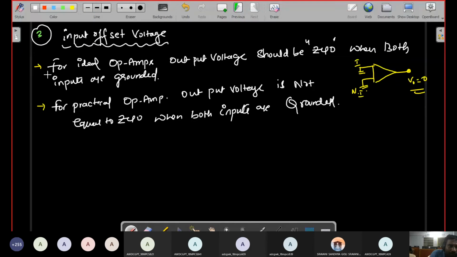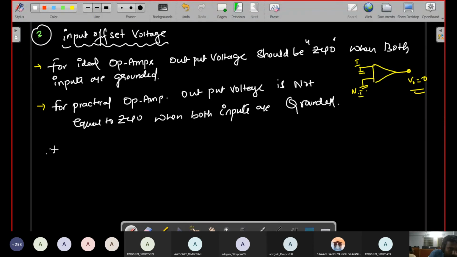So see, what is the difference between ideal and practical op amps? For ideal op amps, the output voltage should be zero when both inputs are grounded. For a practical op amp, the output voltage is not equal to zero when both inputs are grounded.